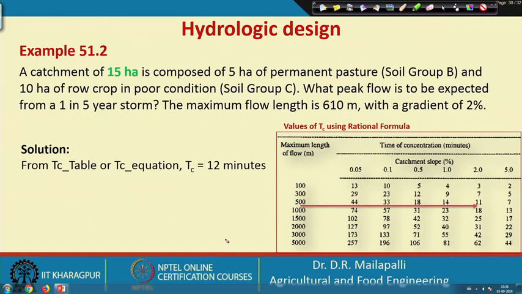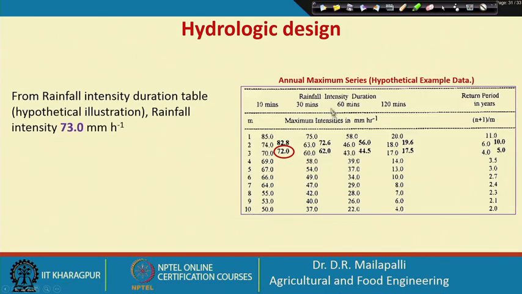Using time of concentration and the 5-year storm, that is the return period, you can estimate the rainfall intensity. Let us see how we estimate rainfall intensity here. This is the table with the return period and rainfall intensity for durations of 10 minutes, 30 minutes, 60 minutes, 120 minutes.